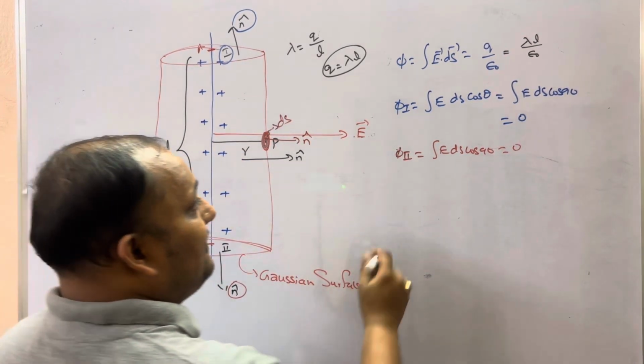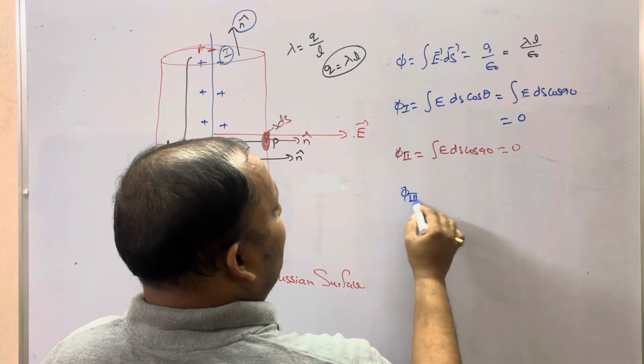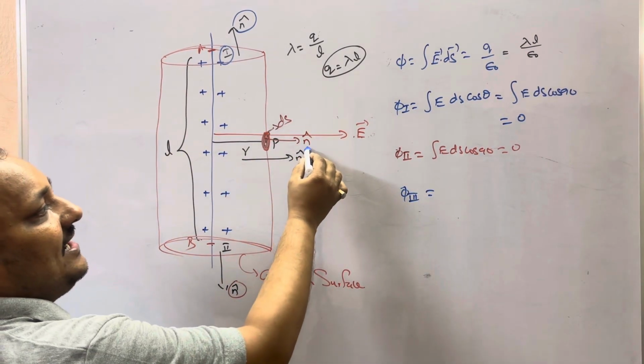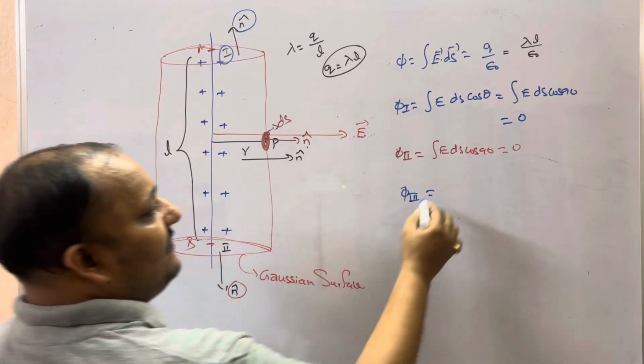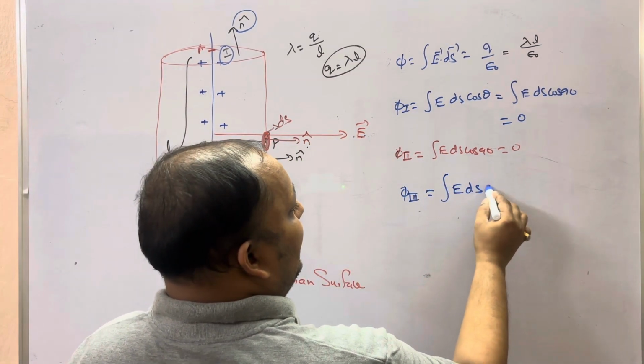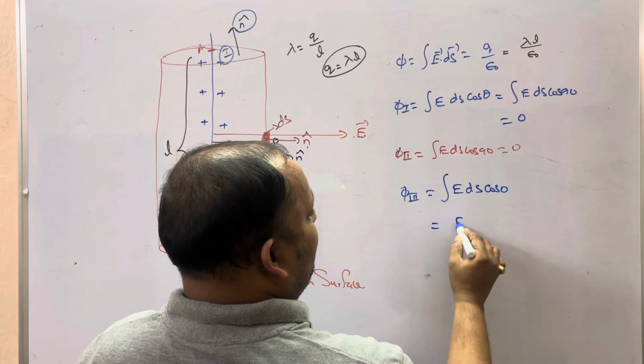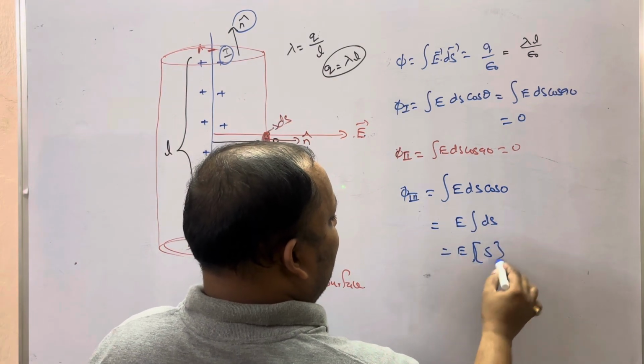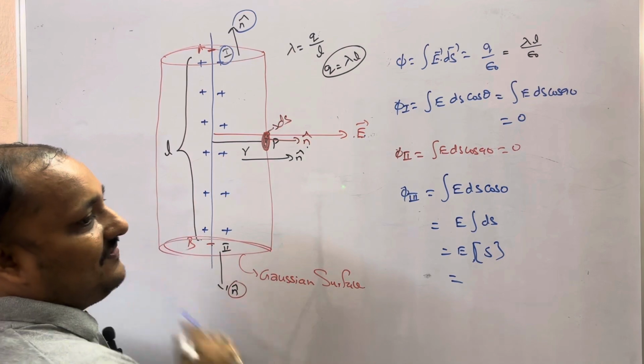Next, what is the flux passing through the curved surface, the third surface? What is the direction of n cap here? Both are in the same direction. Therefore it is the integral of E ds cos 0, so E times the integral of ds, and the integral of ds is nothing but S. What is the surface area of the cylinder?